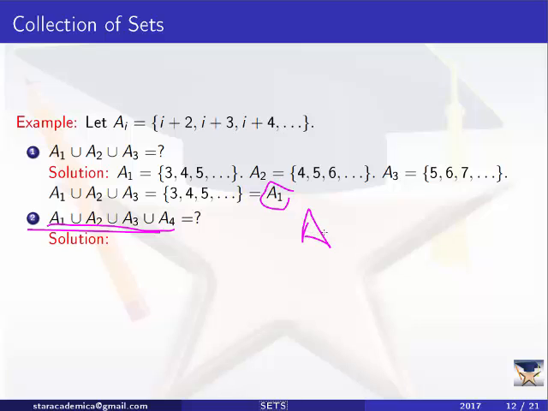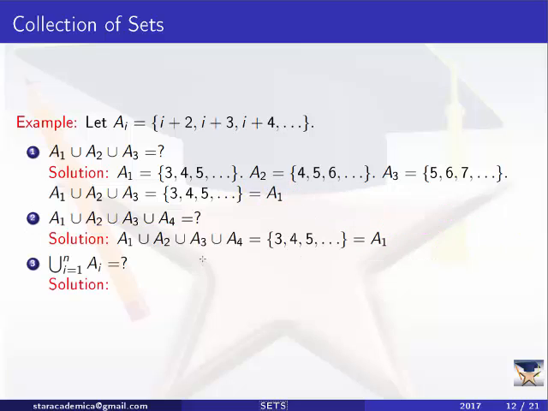A4 will start from which number? 6, right? 6, 7, 8, it will go to infinity. So again, it will be quite similar to the first one, so the union will be A1. But if we have n of them united together, the result will be A1. Okay.